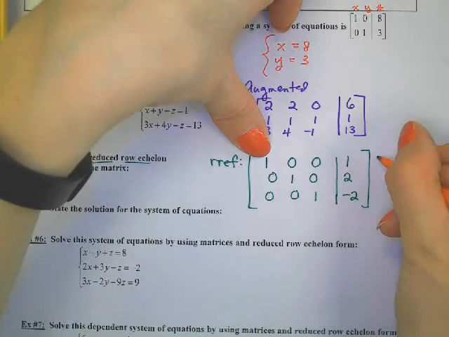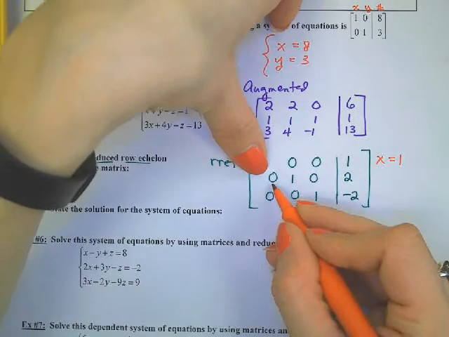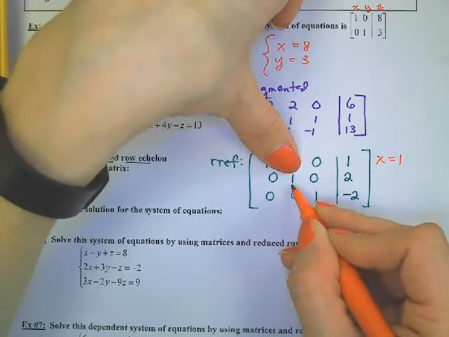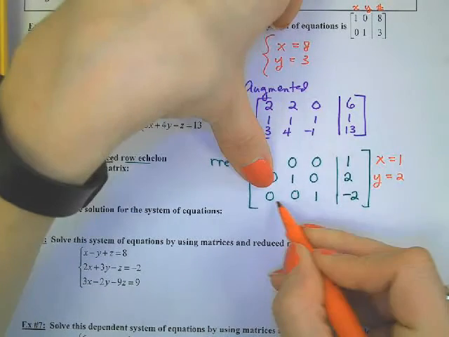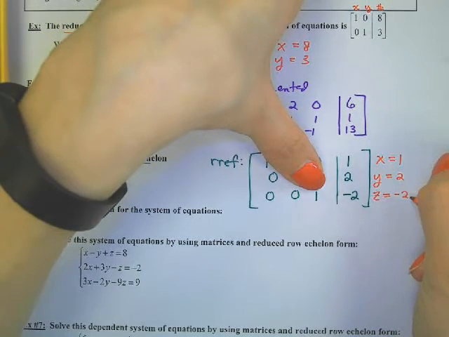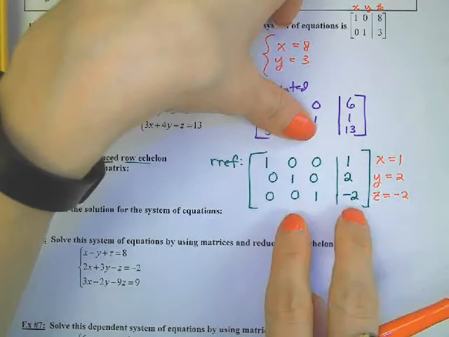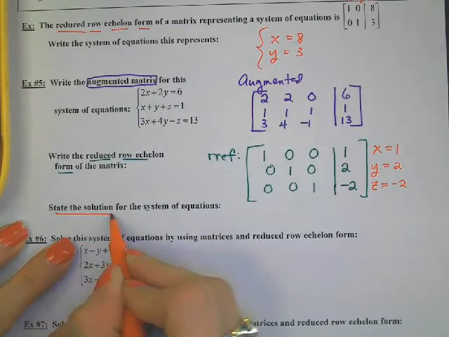It says 1x, no y's, no z's is equal to 1. This number right here is in the y column, so that's y equals 2. And the last equation says z equals negative 2. So if you have a reduced row echelon form matrix, you essentially have the solution.